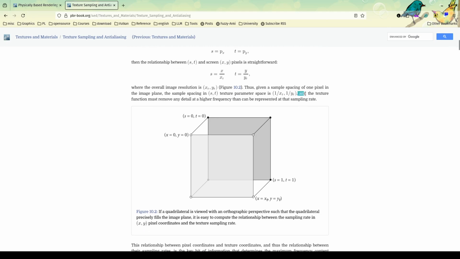And the texture function must remove any detail at a higher frequency than can be represented at that sampling rate.